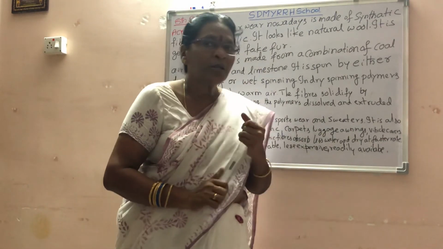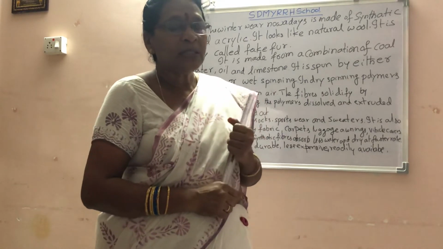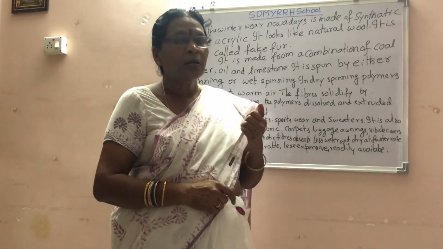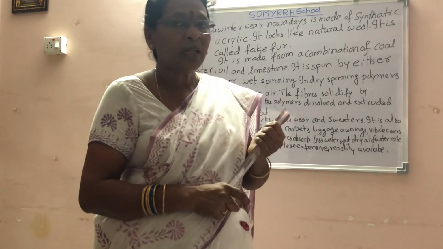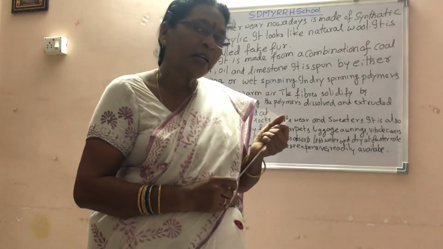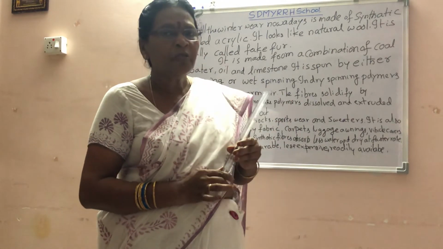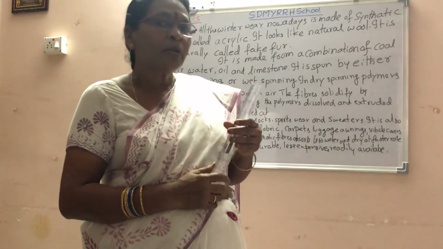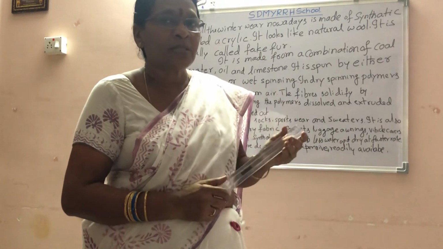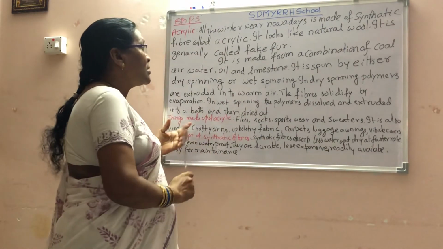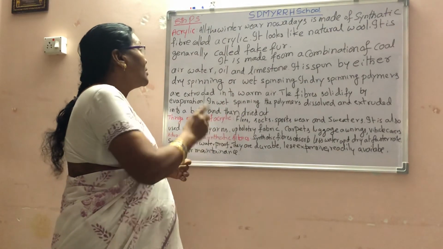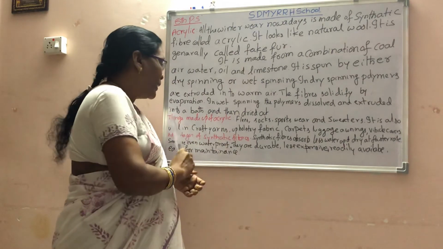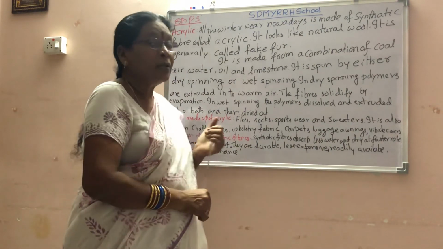That's why we cannot use synthetic fibers in the kitchen or laboratories. So many disadvantages are also there. If we take precautions for these disadvantages, we can use synthetic fibers. These are the things about acrylic and the advantages of synthetic fibers.